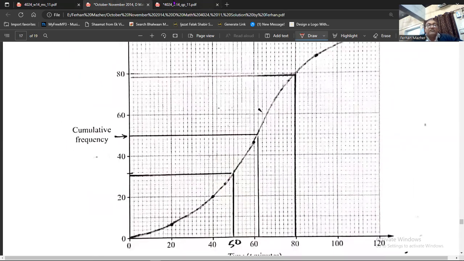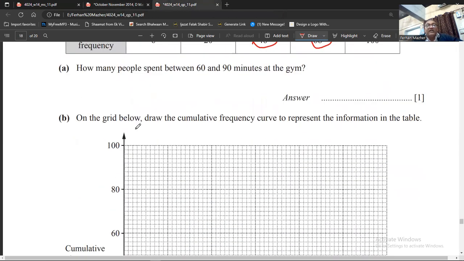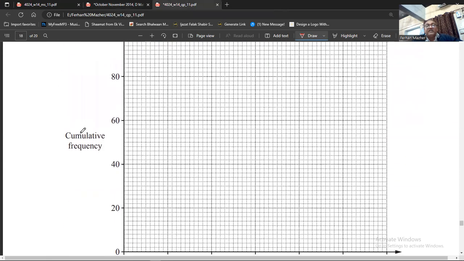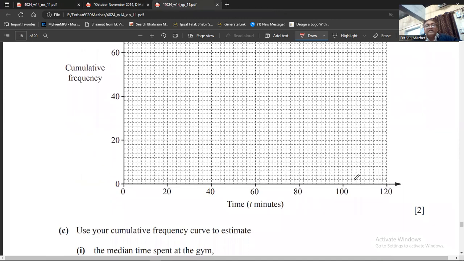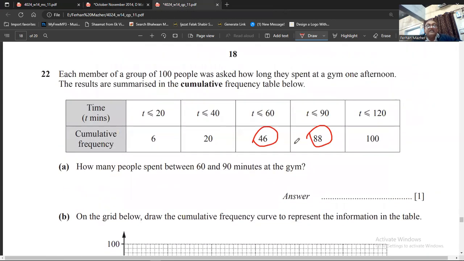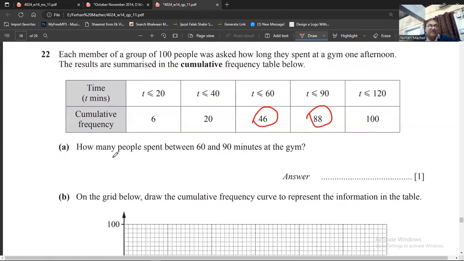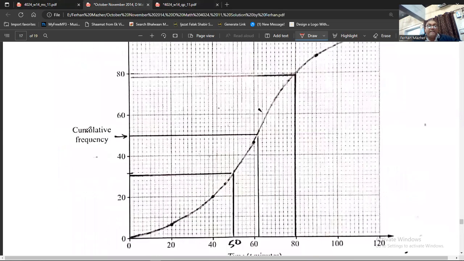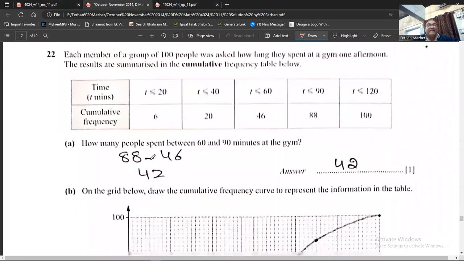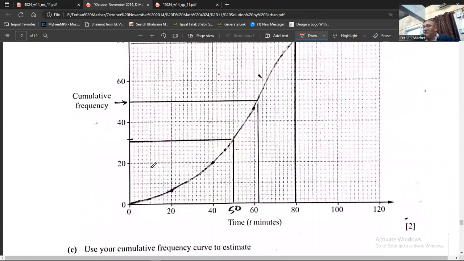Here we have to, on the grid below, draw the cumulative frequency curve to represent the information in the table. The grid is given, and these are the points you have to draw. At 20 you will have 6. At 40 you will have 20.